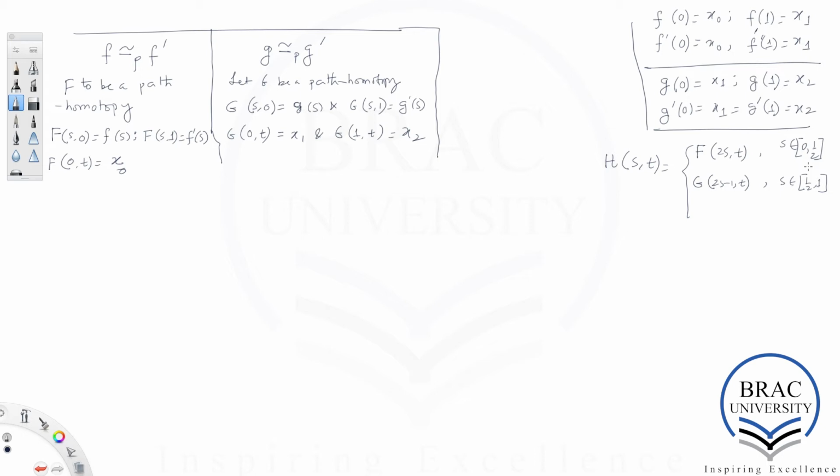Now from the definition of the product, we immediately see that (f star g)(s) is equal to f(2s) for s belonging to this interval, and the product is equal to g(2s minus 1) for s belonging to this interval.